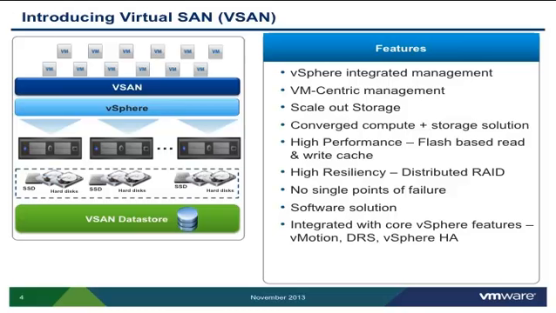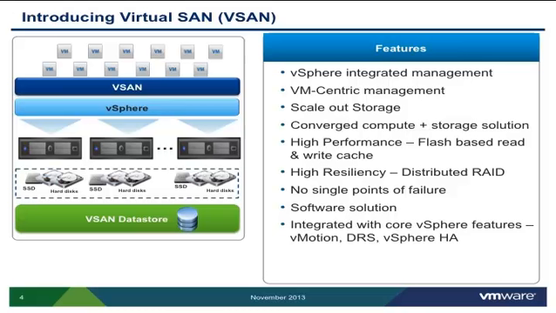We take a combination of SSD and spinning disks, and build this distributed data store, not a volume, not a LUN, that all of the hosts in the cluster can use for deploying virtual machines. And it's fully integrated with all the core vSphere features that you would expect: HA, DRS, vMotion, Storage vMotion, and so on.